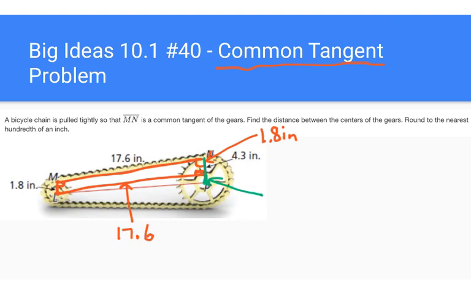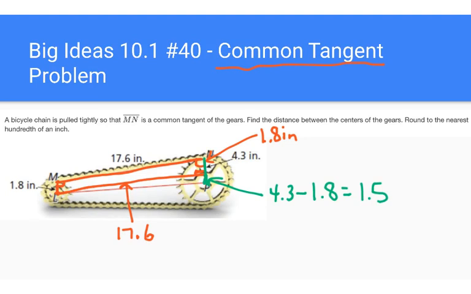And you are absolutely right if you said that it's 1 5/10, because that's the difference of 4 3/10 subtract 1 8/10. So that little piece is 1 5/10. All right, so how does that help us?